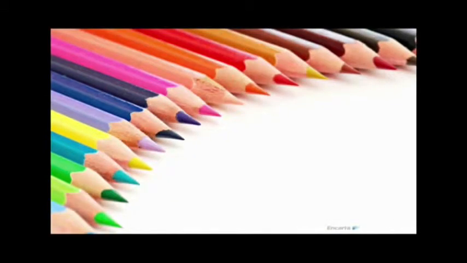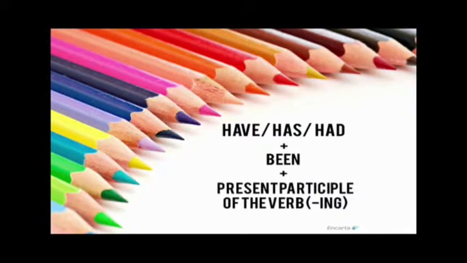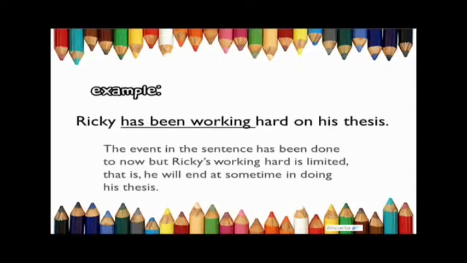Another is it follows the formula by using the modals have, has, or had plus been plus the present participle of the verb. For example, Ricky has been working hard on his thesis.